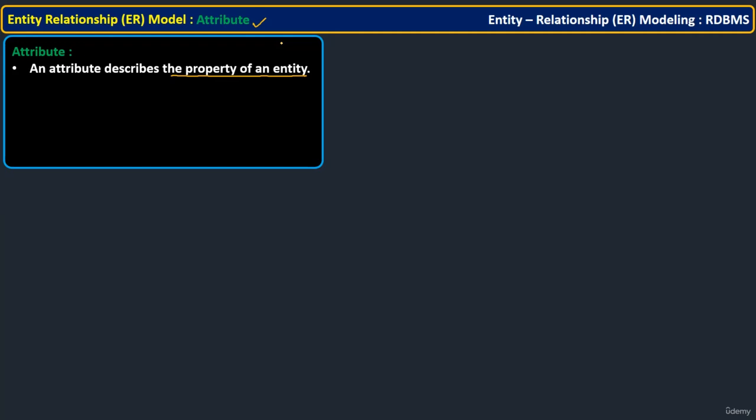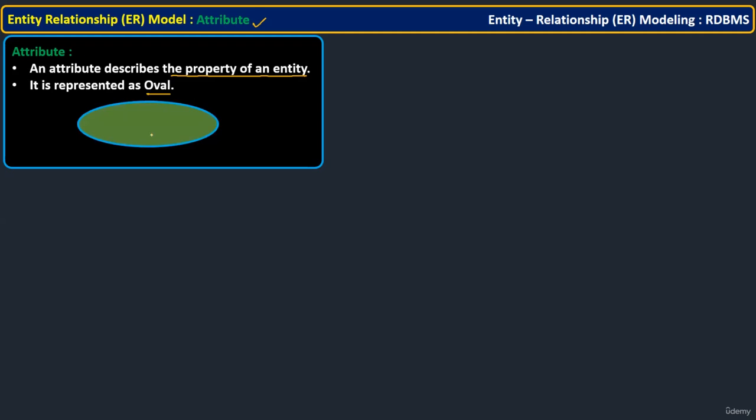Salary is another property. Like that, every column we call an attribute in database terminology. Attributes we represent with an oval shape.